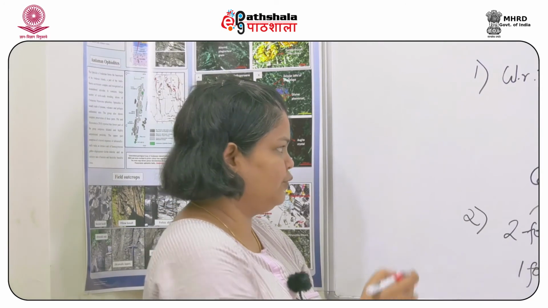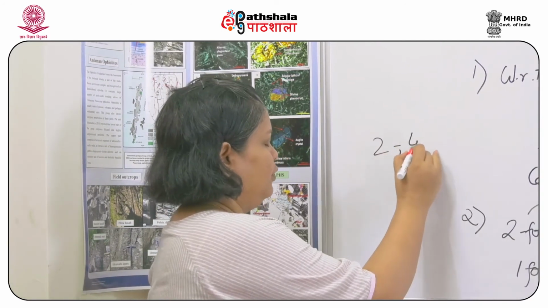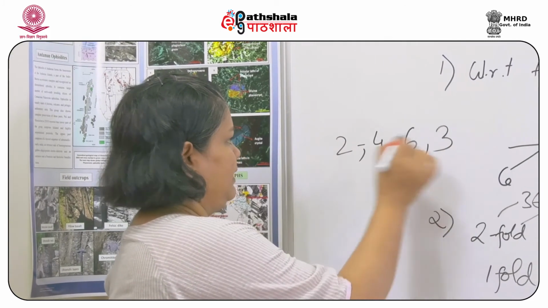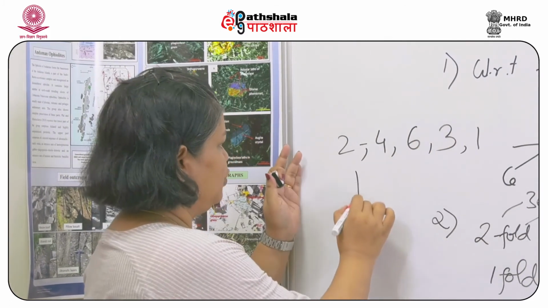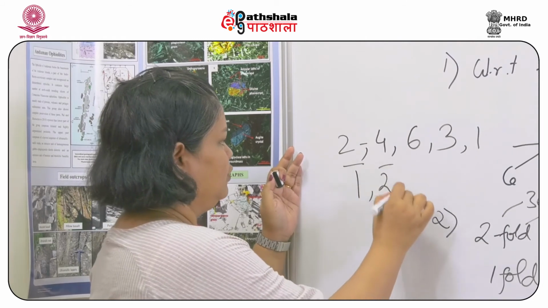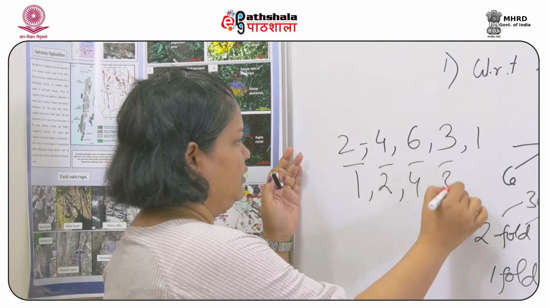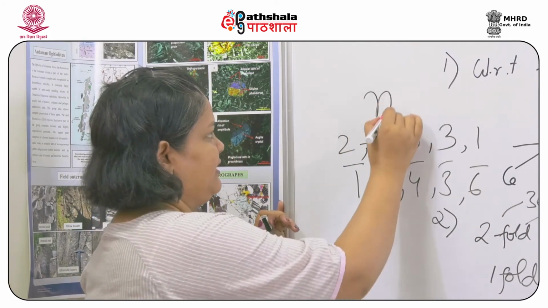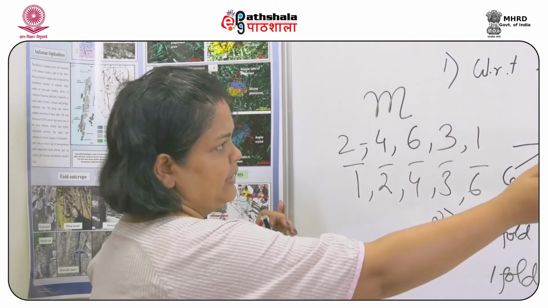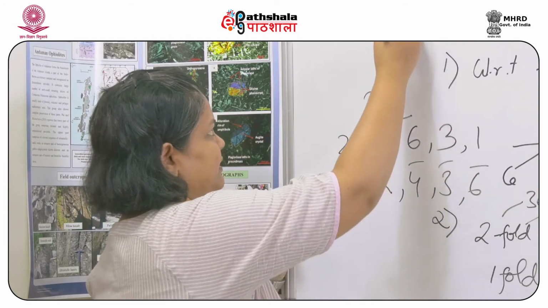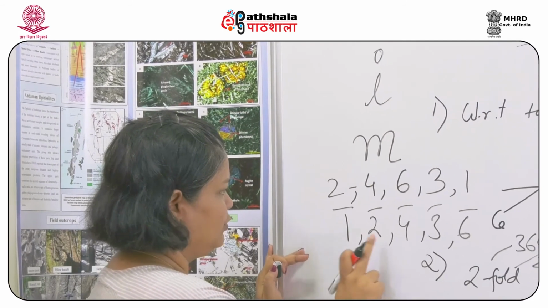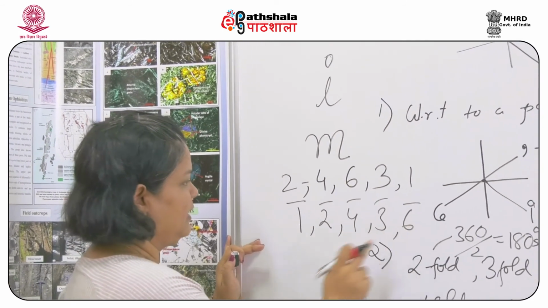With respect to an axis, we have two-fold, four-fold, six-fold, three-fold, and one-fold. We have axes of roto-inversion, which are 1 bar, 2 bar, 4 bar, 3 bar, and 6 bar.